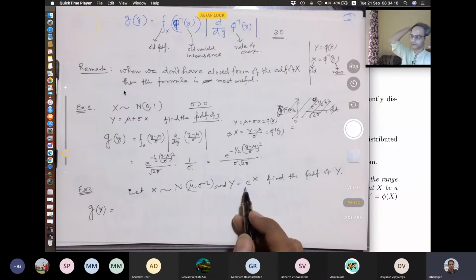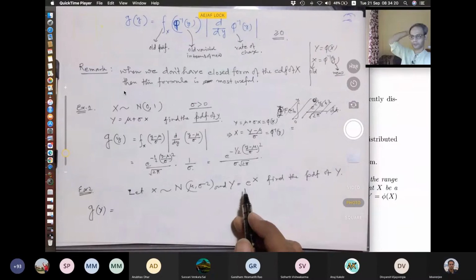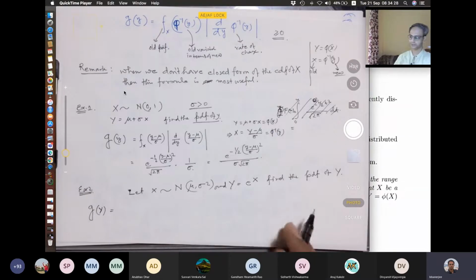It is also a strictly increasing function, right? Here you can also start from the CDF and you can go by that. There will not be much trouble, but let us use this formula.